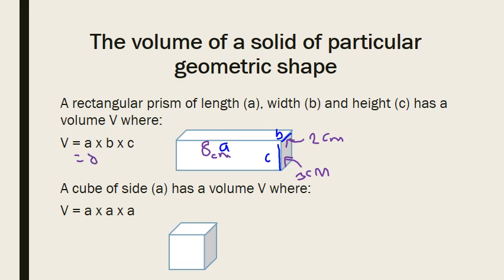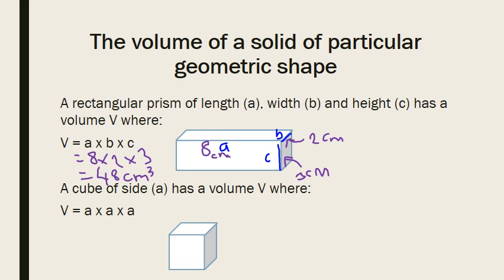So A is 8 times B is 2 times C, which is 3. So we do 8 times 2 times 3, which equals 48 centimeter cubed. Because centimeter times centimeter times centimeter is centimeter cubed. So 48 centimeter cubed is exactly the same as 48 milliliters.